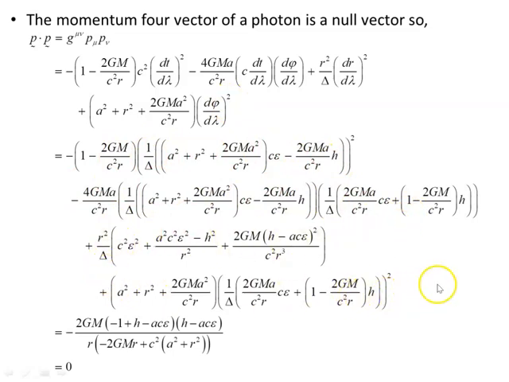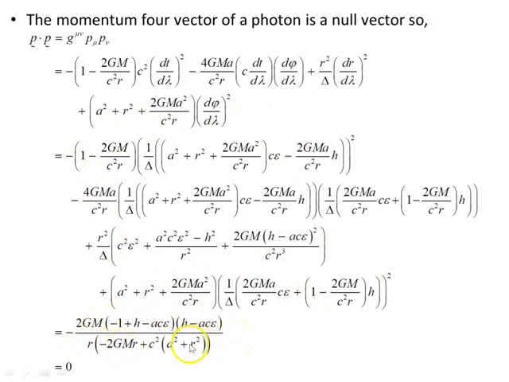Now, to expand all this out carefully and accurately would take a couple of slides, and I'm concerned not to introduce any errors. So I went to a software package in order to go from this step down to this one. And we know that all of this equals 0 because the momentum four-vector is a null vector, so its magnitude squared is 0, or its magnitude is 0. And when we put this into a software package carefully and evaluate it, we come up with this result here.